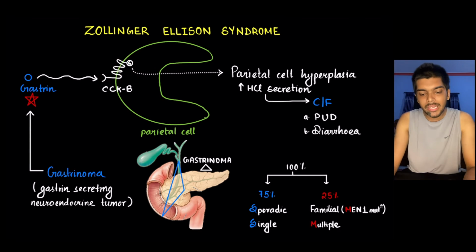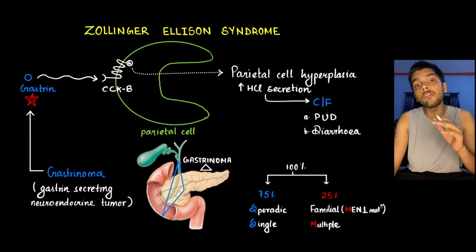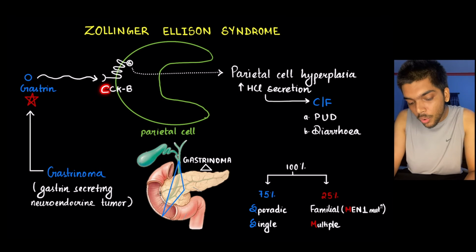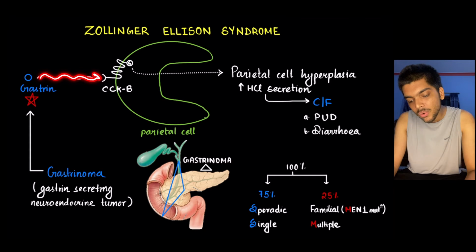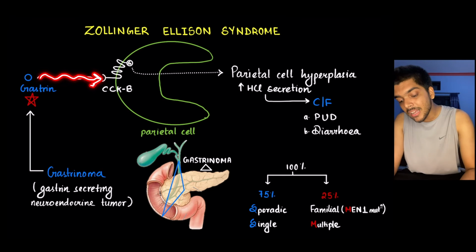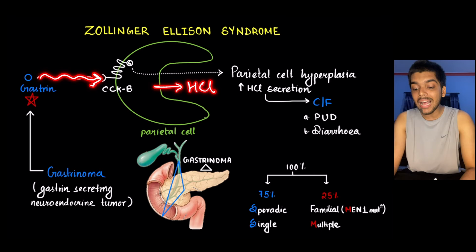This receptor is for gastrin hormone. What? Gastrin hormone. And this particular G protein coupled receptor for gastrin hormone is cholecystokinin B receptor. So gastrin hormone, it binds with cholecystokinin B or G protein coupled receptor and triggers the release of HCl from parietal cell as well as division of parietal cell.